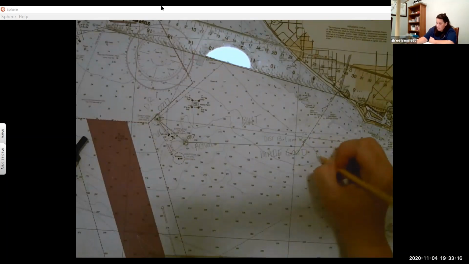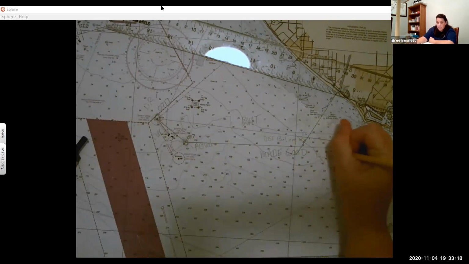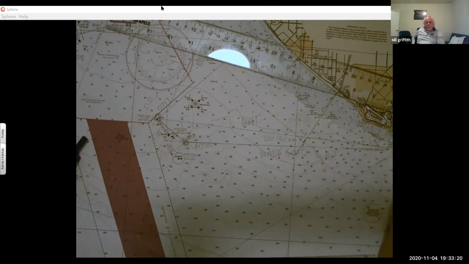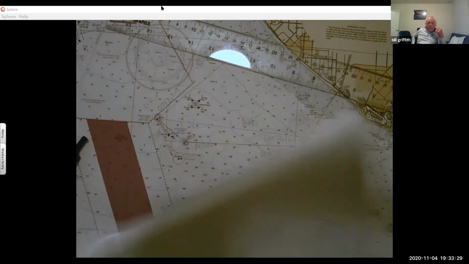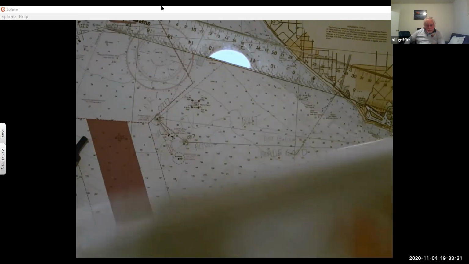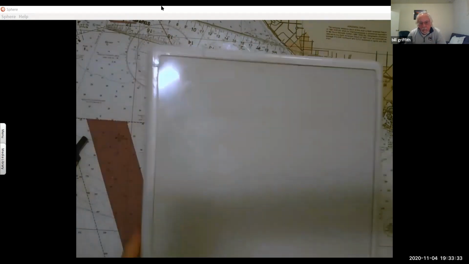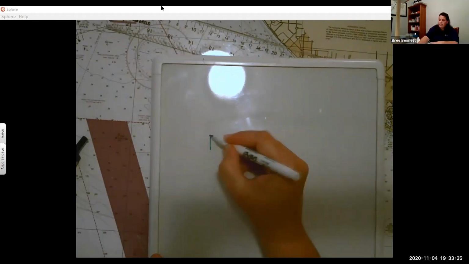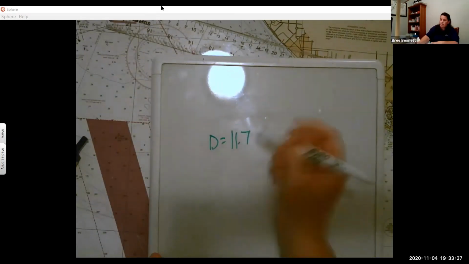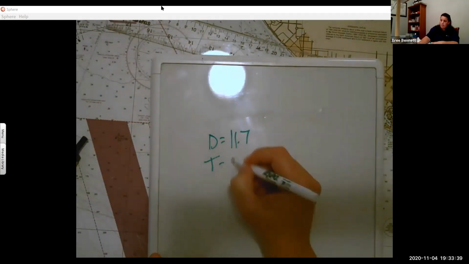I got a distance of 11.7. And do the workout on this one. I had a distance of 11.7. My time was 65 minutes.